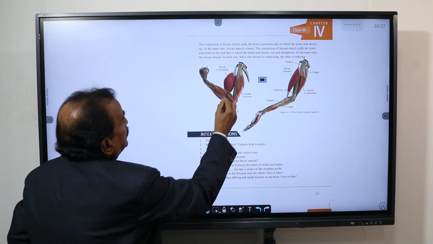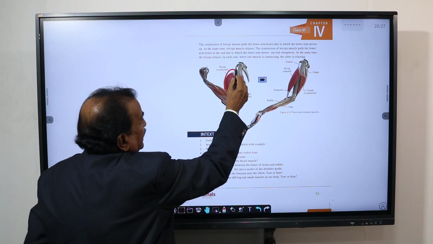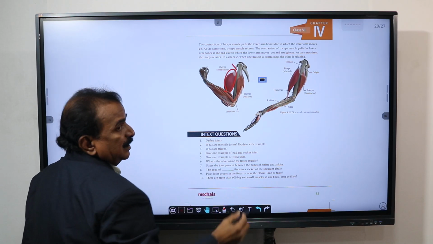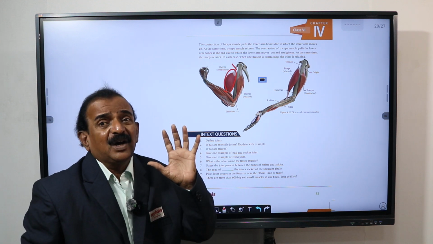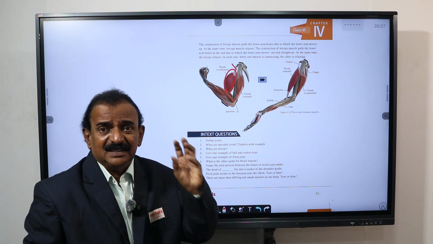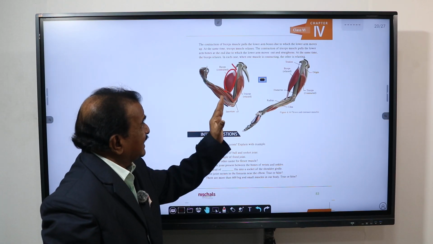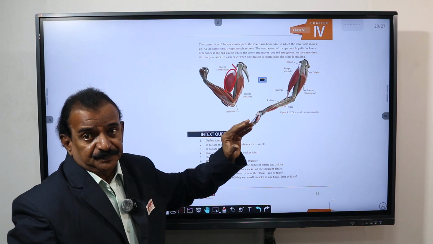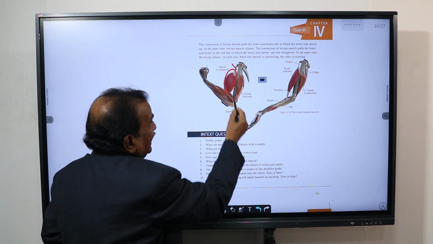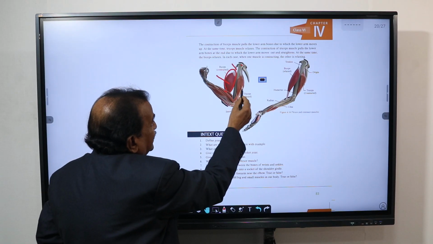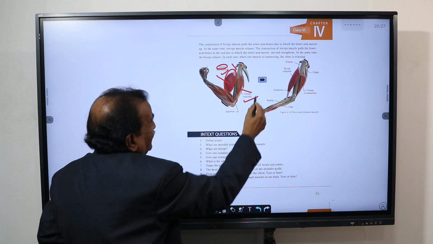Children, this is called the biceps, and this is a muscle, and this is called a tendon. I told you tendons are strong, tough, white fibers made up of collagen fibers. They connect the muscle with the bones. Here you see the presence of ligaments, and this is a tendon, and these muscles are the biceps and these are the triceps.